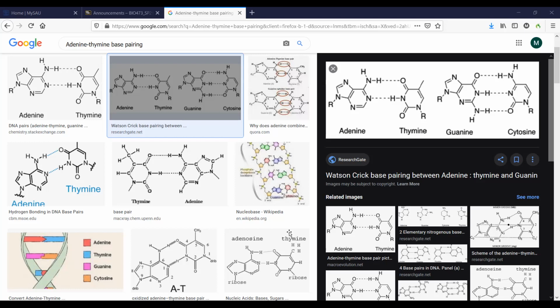So the bases are hydrophobic. The sugar phosphate backbone is hydrophilic. If you use ethanol, we'd expect it to increase hydrogen bonding and disrupt hydrophobic interactions.